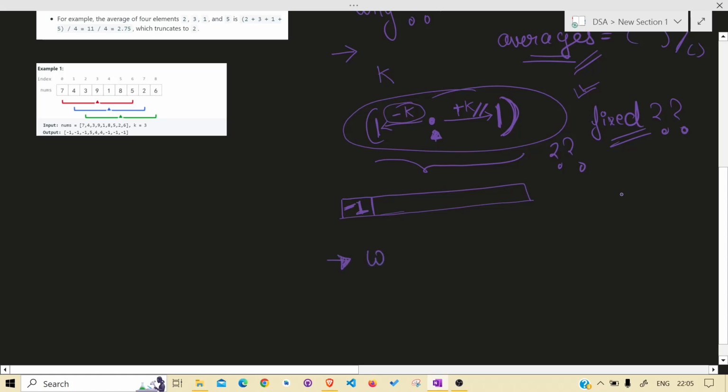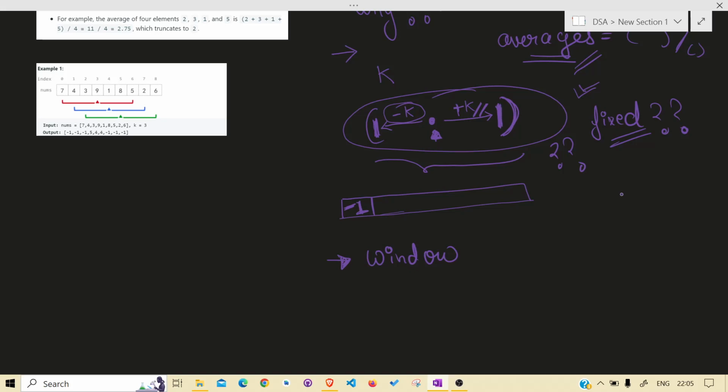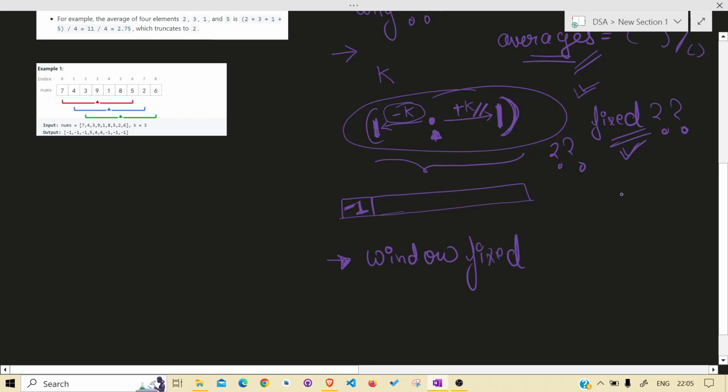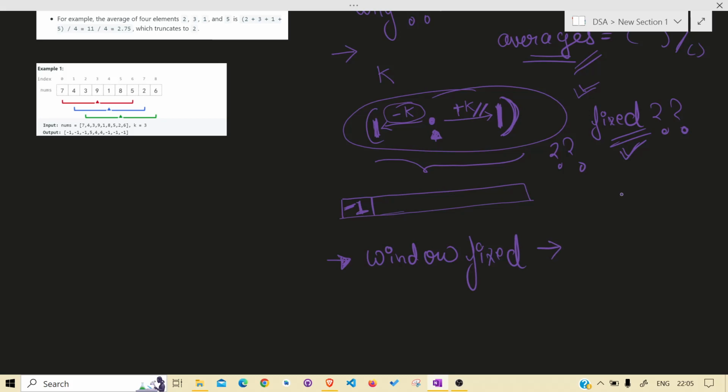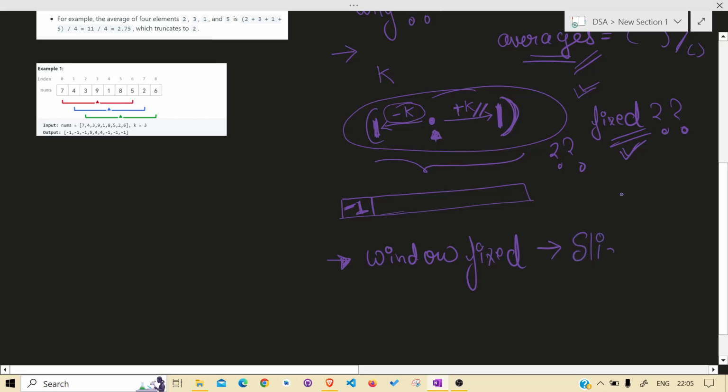Can you see a window? Yeah, you can see a window. The window is fixed. Then what? Answer me, guys, then what? Yes, sliding window.